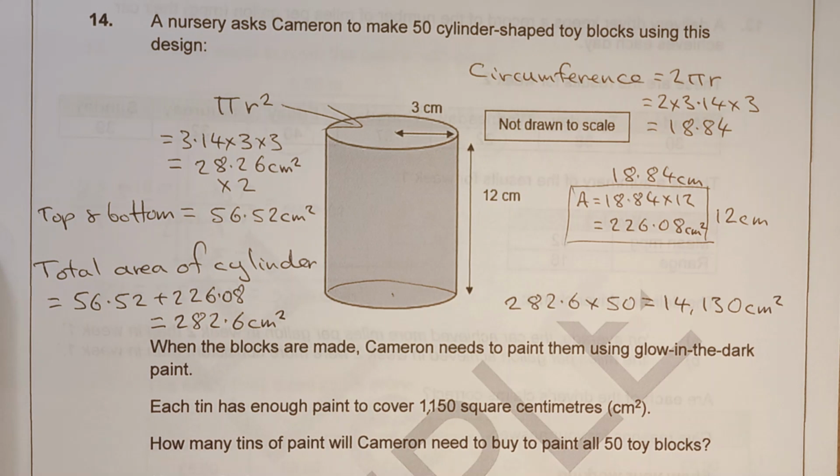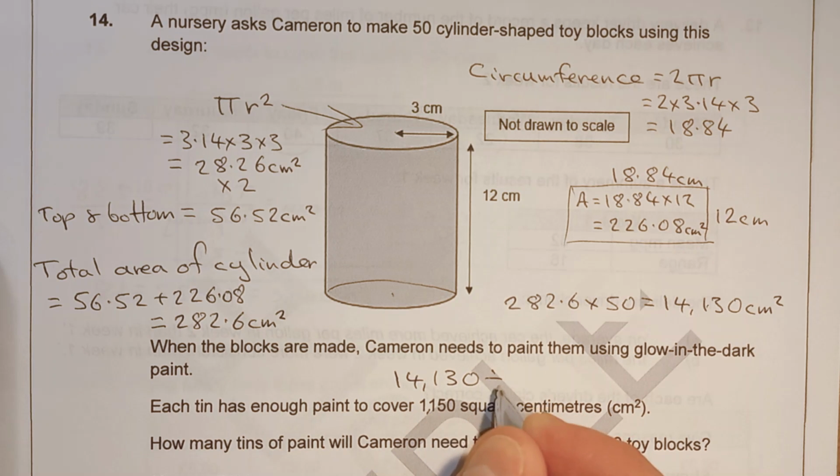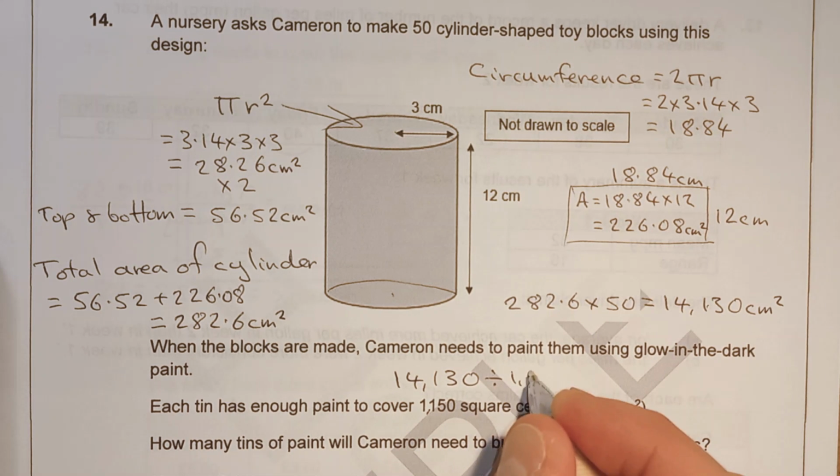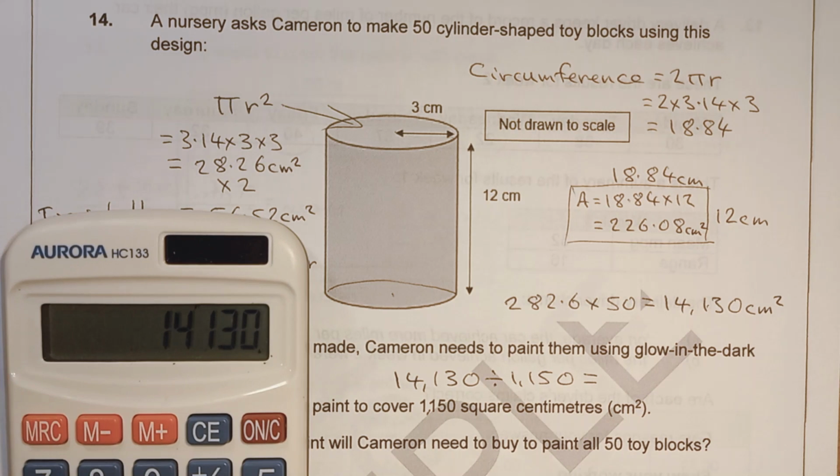We want to know how much paint he needs, and each tin of paint has enough to cover 1,150 square centimetres. So we want to know how many of these fit into this. So in other words, 14,130 divided by 1,150. And you'll notice each time I've left the answer in my calculator, so I don't have to type it back in.